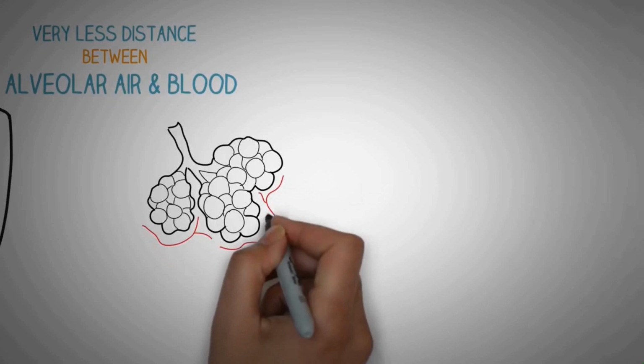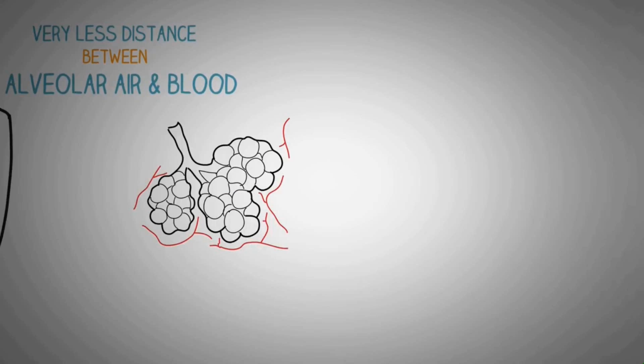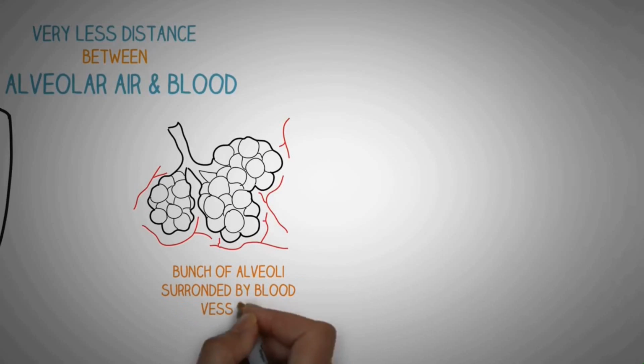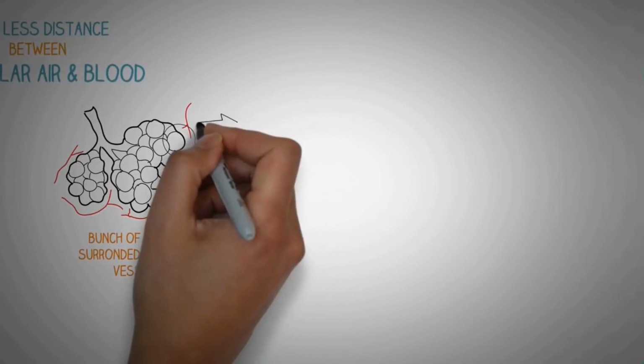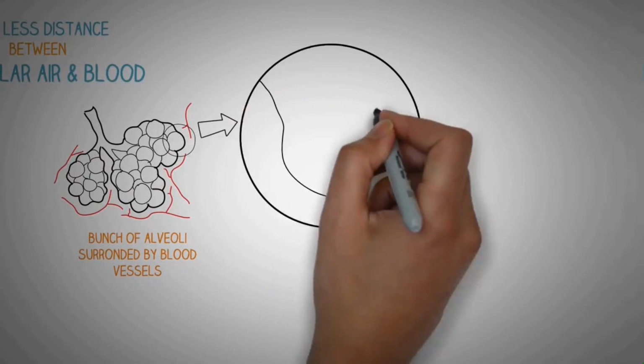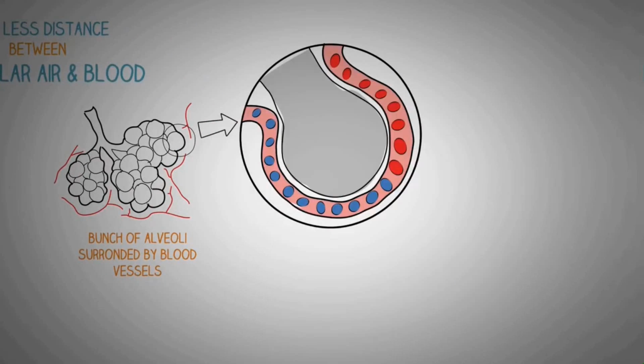Now to understand this, take a closer look at this section of alveoli attached to the end of a respiratory bronchiole. You can see that a bunch of alveoli are surrounded closely by blood vessels. If we take a single alveolus out of this bunch and magnify it under a microscope, we can see that it is completely surrounded by a single capillary, but in reality they are surrounded by multiple capillaries to have very close contact with the blood.